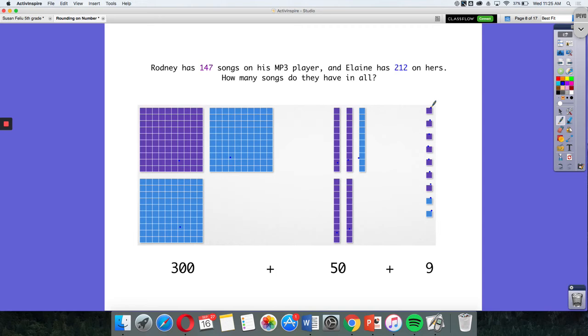What I need to do next is just add my 300 plus 50 plus 9, which gives me 359. If you remember, when we rounded, we said our sum should be somewhere in the 300s. So I've used place value blocks and expanded form and broken my numbers up in order to add.